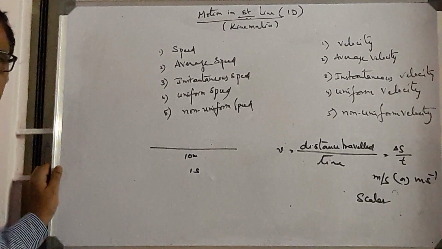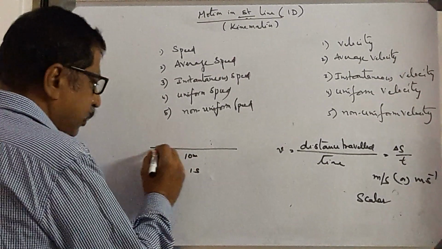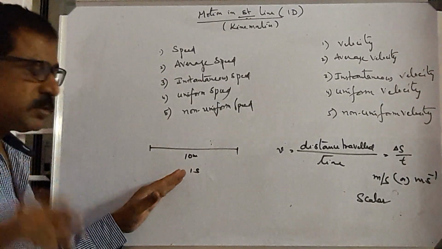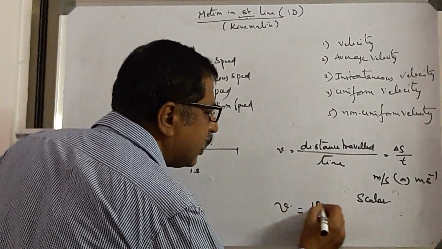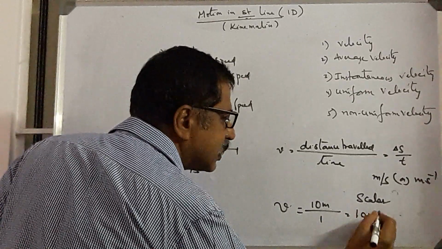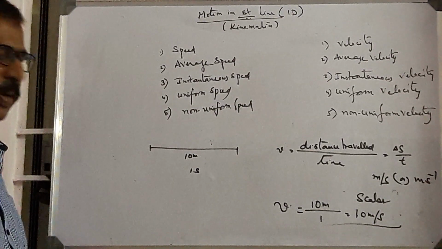For example, a body traveled 10 meters in 1 second. Here the speed of the body is distance traveled, 10 meters, by 1 second. That means 10 meters per second is the speed of that body.